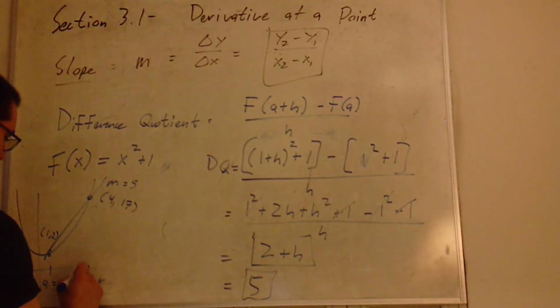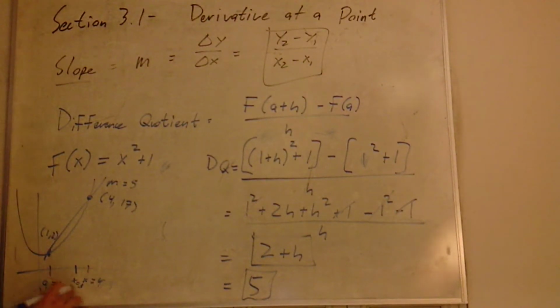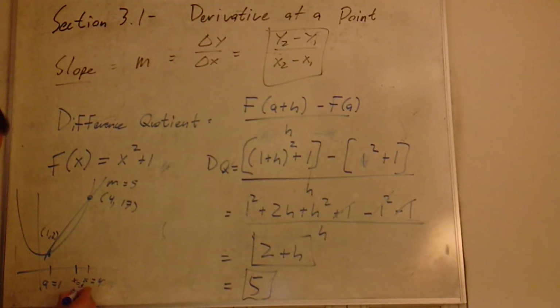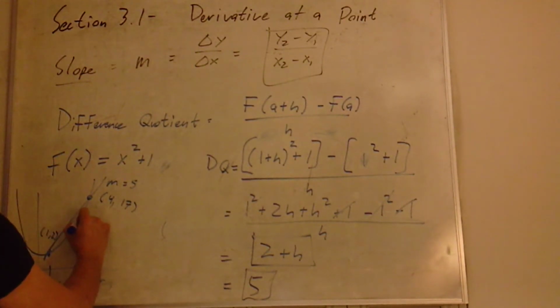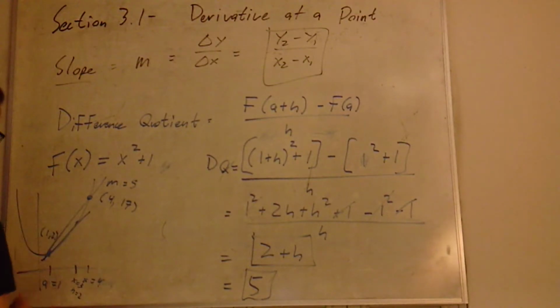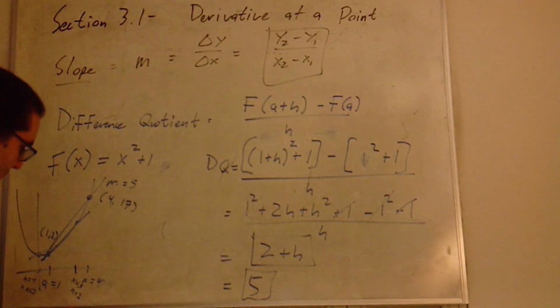So if I wanted to bring it into x equals 3, that means that its distance away from a is 2. And I can see very easily that that slope would be 4. A little less than 5. If I wanted to do h equals -1 to come back here to x equals 0 on the back, that would give me a slope of 1.